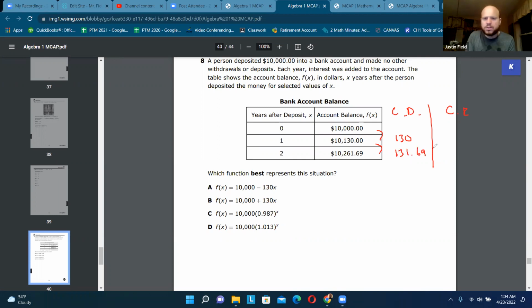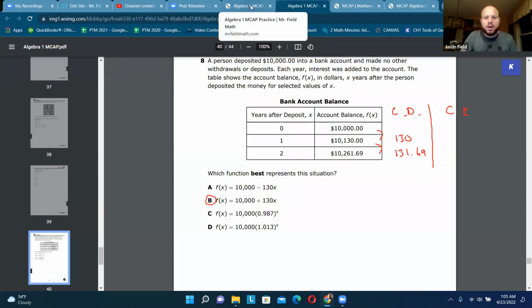So pretty close to 130. So I'm going to say linear. All right, so I'm not even going to find the common ratio because I see the 130 and it's close to 130, and we're adding. So let's check, make sure that's right.